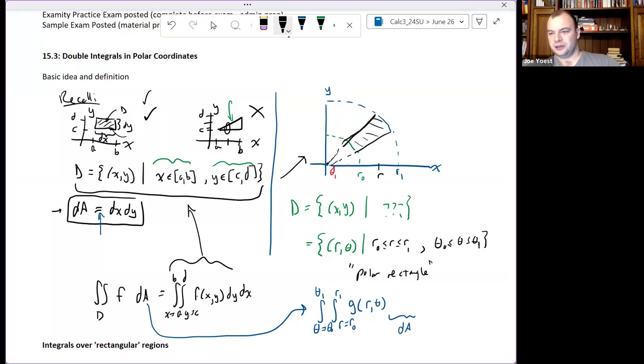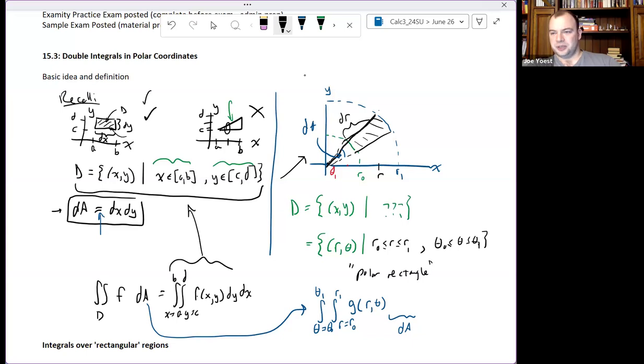It looks a little more actually rectangular than it should. So here, if I take an angle increment, d theta, and a radial increment, dr, what's the approximate area of this slice that's stuck between these two circles?